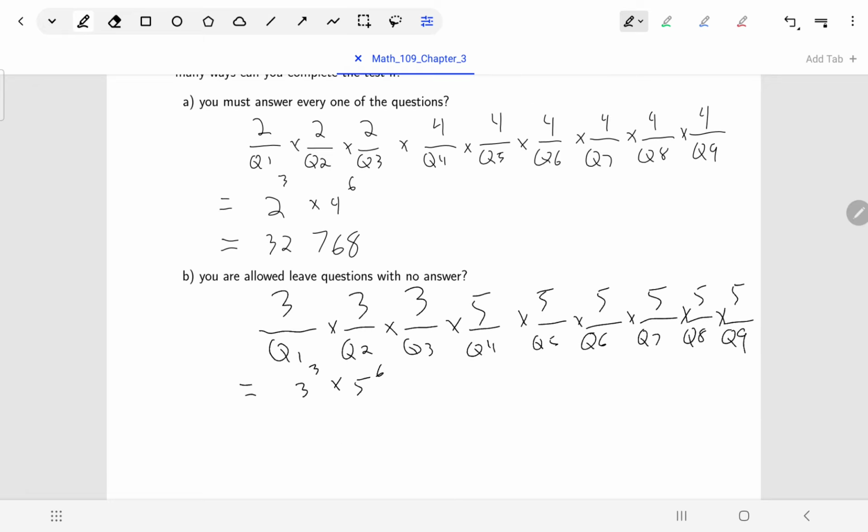And just as a whole number, that turns out to be 421,875. So again, once we don't have restrictions on how we're completing this test, we get more options available to us. When we put restrictions on and say you must answer questions, we have less options available to us.